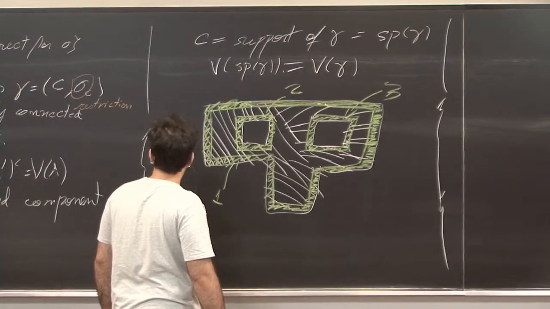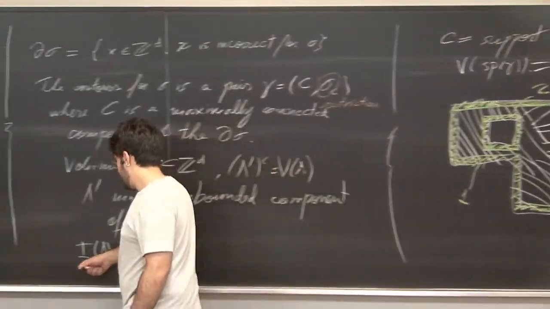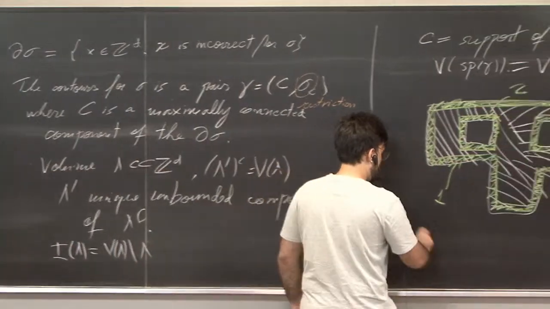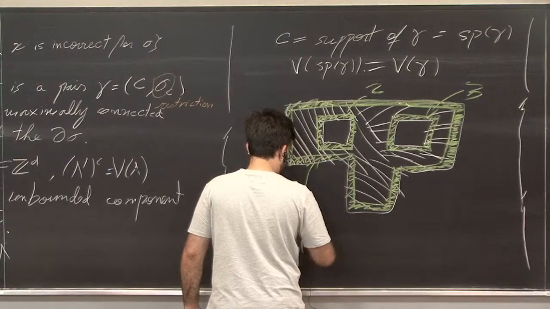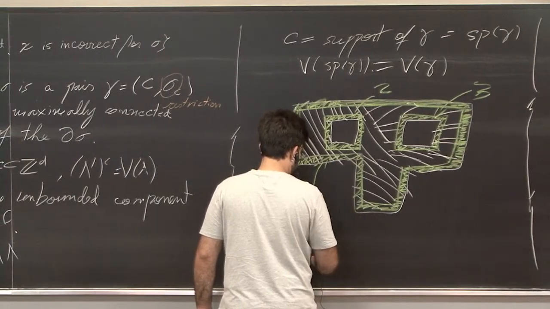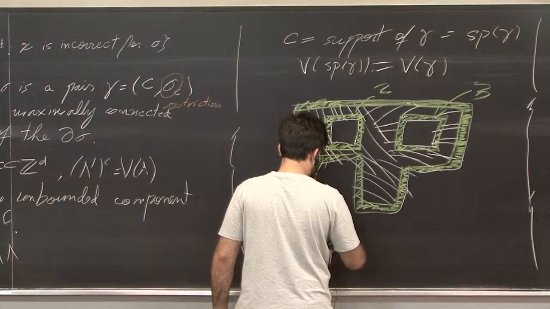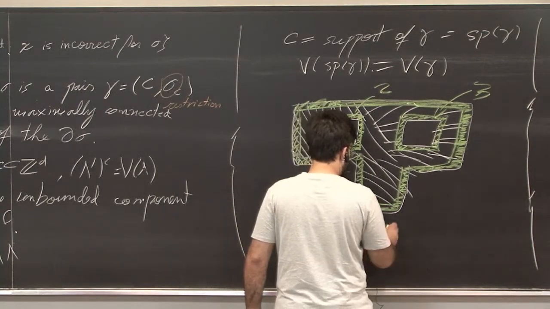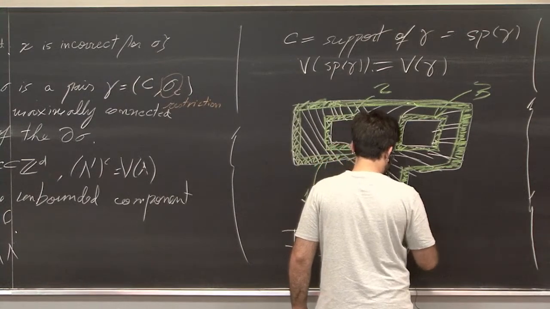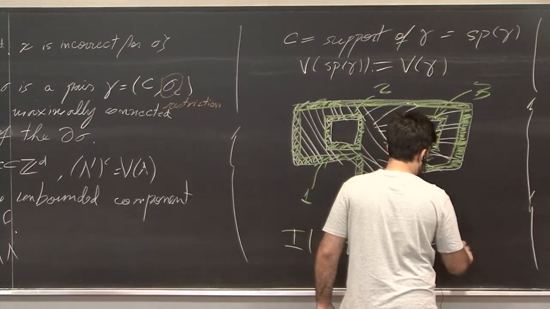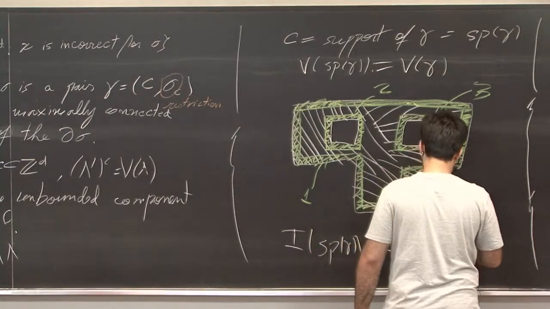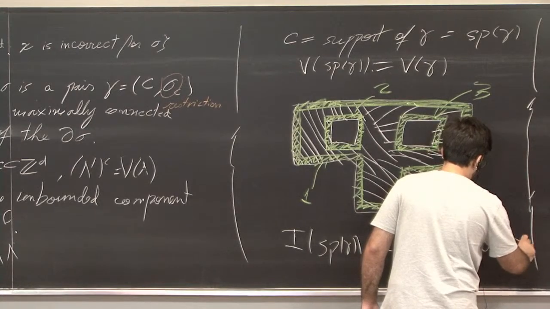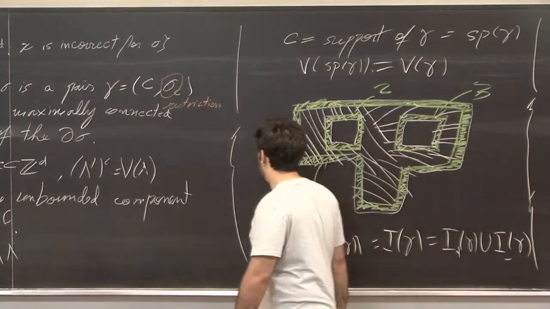Well, I can divide the interior of the support of gamma, that I will also write I gamma, into two disconnected sets that I will call the plus and the minus interior.